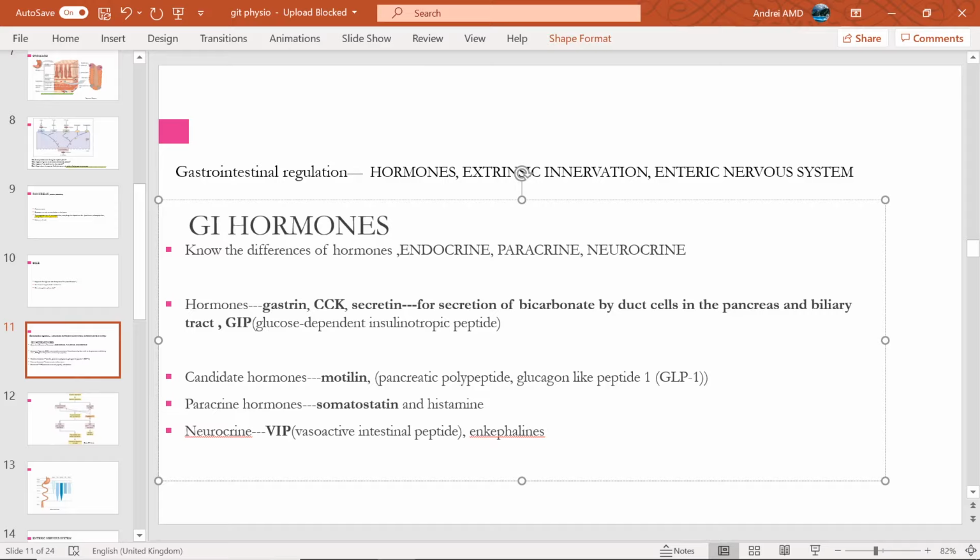So this is called vasoactive intestinal peptide. It's VIP. This one is usually in the brain also. A lot of these are also in the brain.